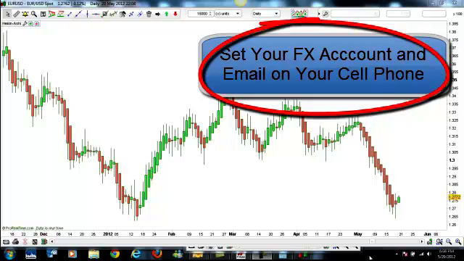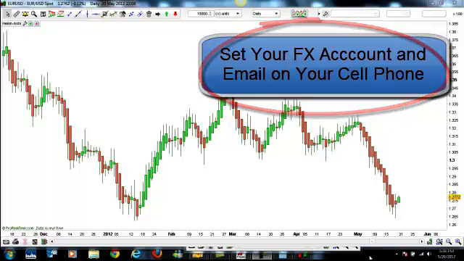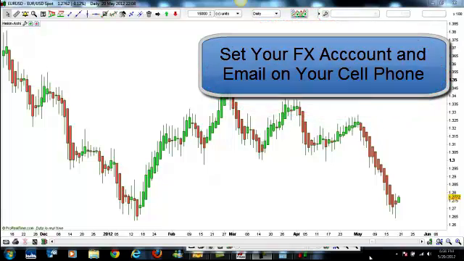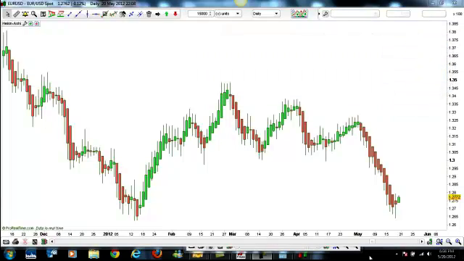If you don't have a smartphone and you're trading Forex, I'd highly suggest that you upgrade to a phone that you can at least get your email on and read it. And a lot of the bigger brokers out there have the ability for you to trade directly off your cell phone. So you can log in, enter trades, close partial positions, add your stops and limits, all of those.